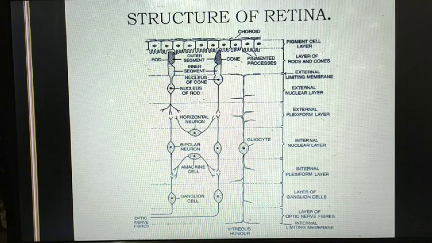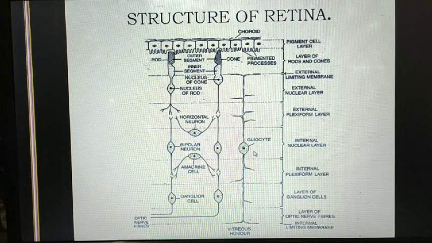Already I have explained that, in which the rods and cones are absent, so image is not formed at this spot. Cell bodies of retinal gliocytes are present in the internal nuclear layer.